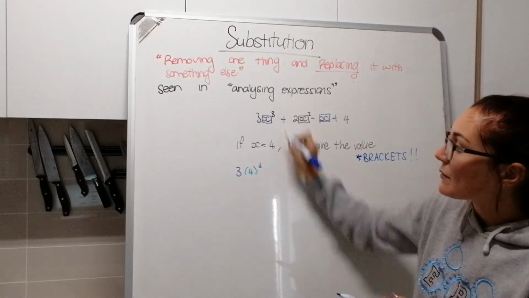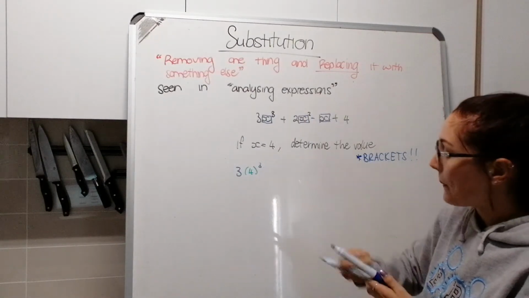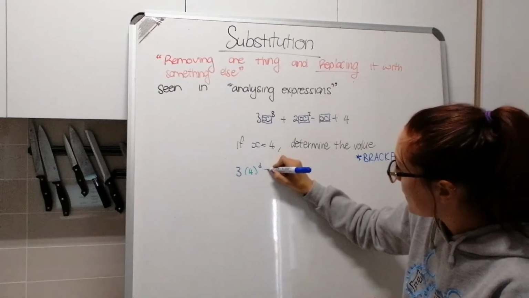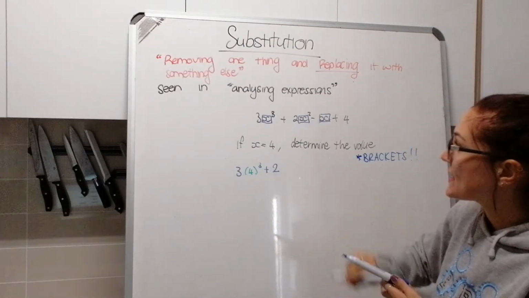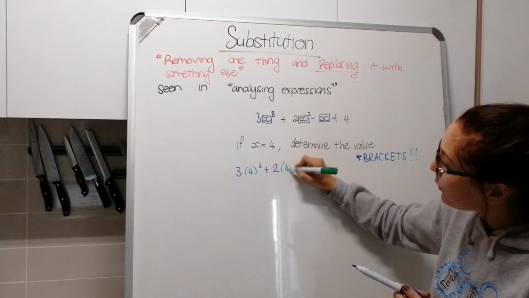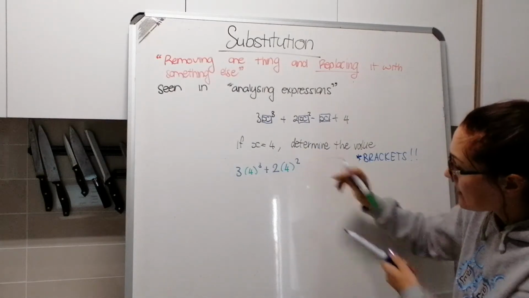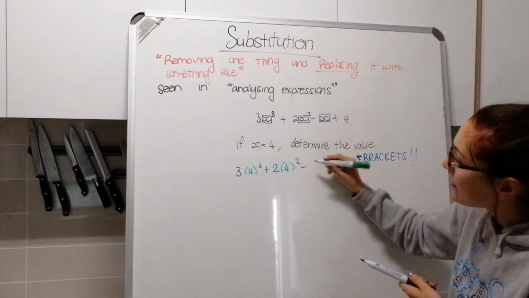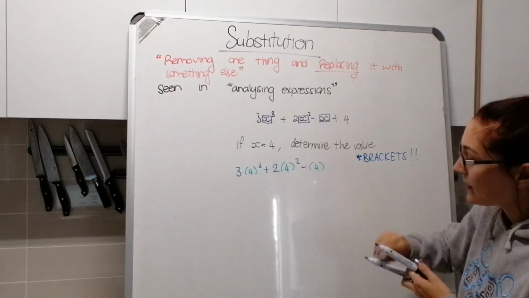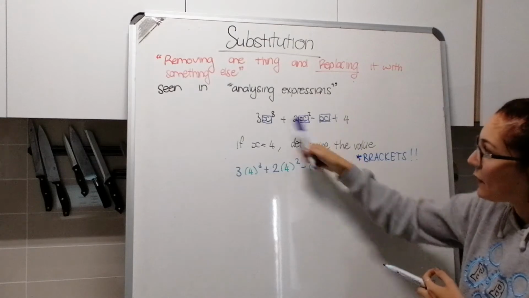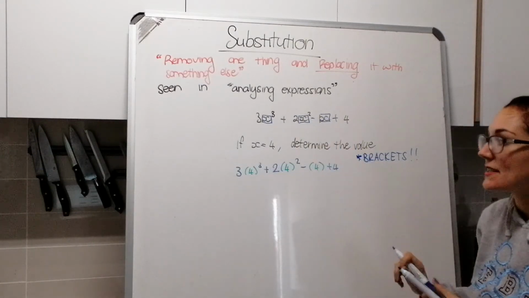Notice my cubed goes outside the brackets. Plus 2 times, instead of the x, we put a 4 in brackets and then the squared on the outside. Minus, instead of the x, we put a 4 in brackets, and then plus 4. So everywhere where there was an x, we put a 4 instead.